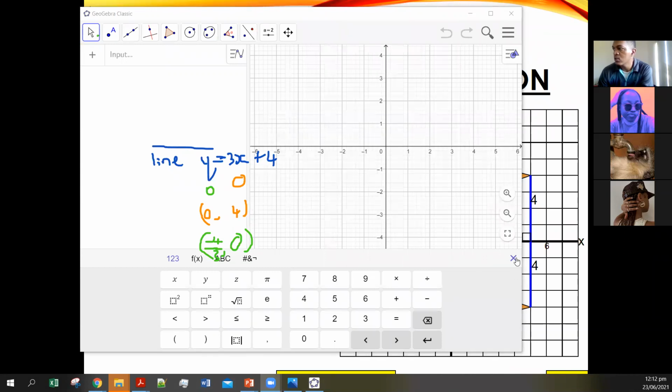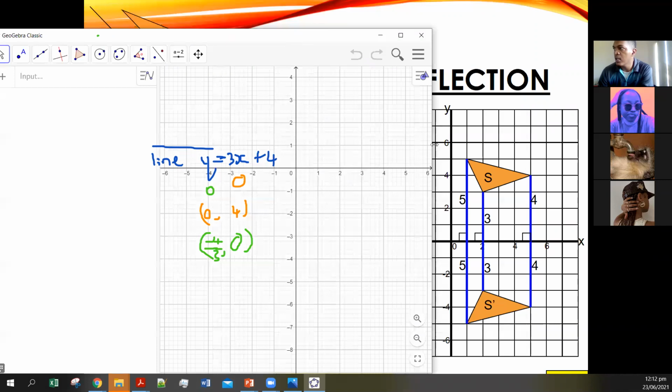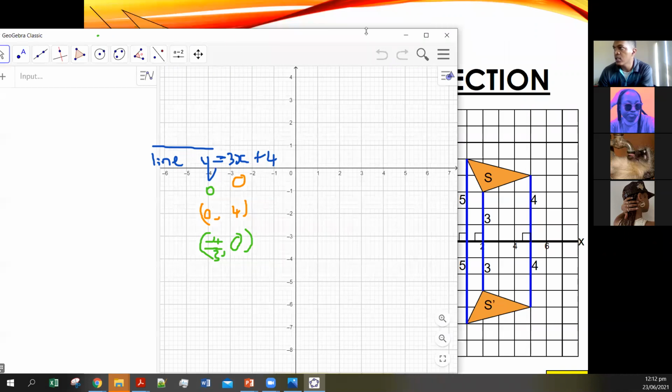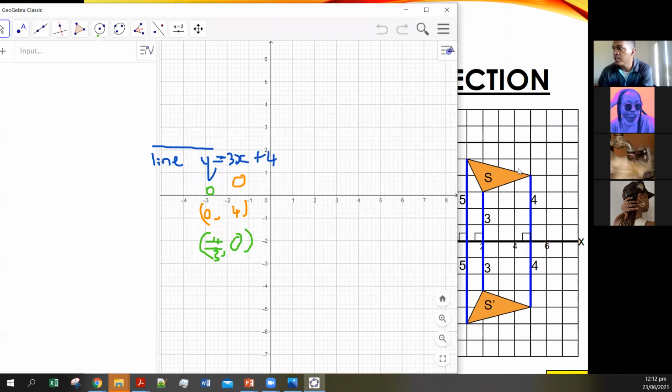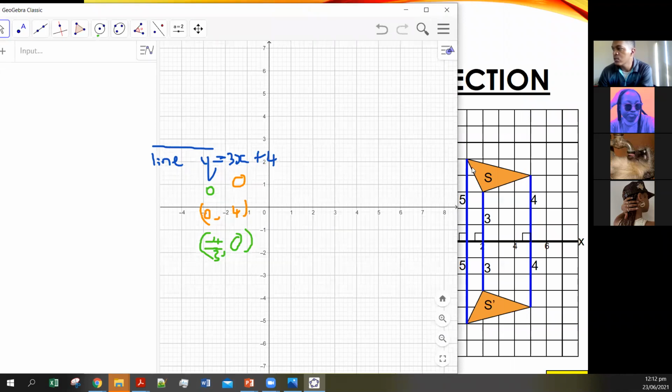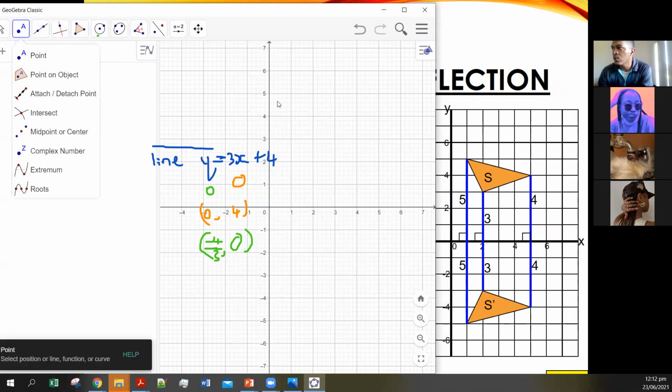Okay. So first, let me try to duplicate the shape over here. So this coordinate is 1 and 4. Let me quickly draw that over there. We have 1 and 4.